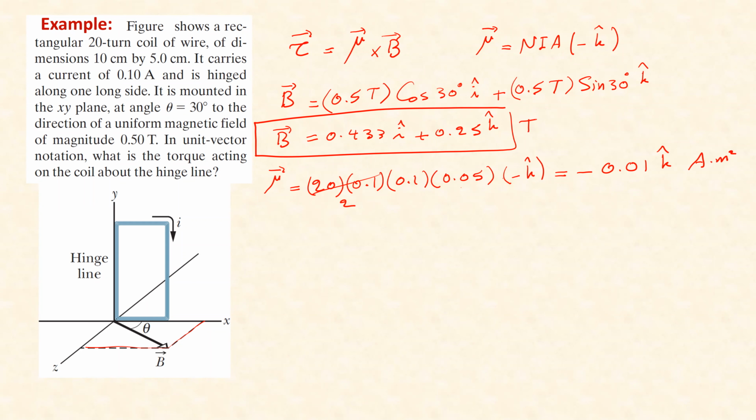All right, now we can say tau is equal to mu cross B. Tau is equal to mu, which is negative 0.01 k hat cross B, which is 0.433 i hat plus 0.25 k hat, right?